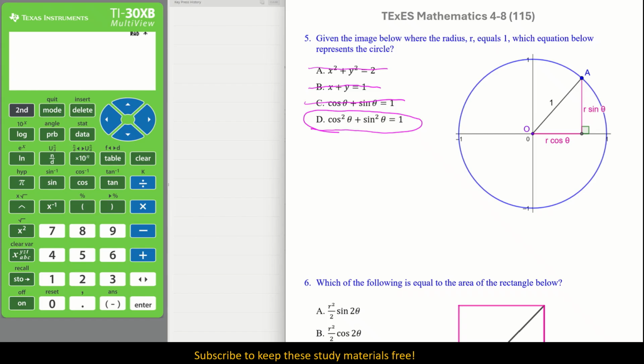Let me write it really quick. This is what we're going to have. We are going to use the Pythagorean theorem because they're telling you it's a right angle right here. So we could use it.